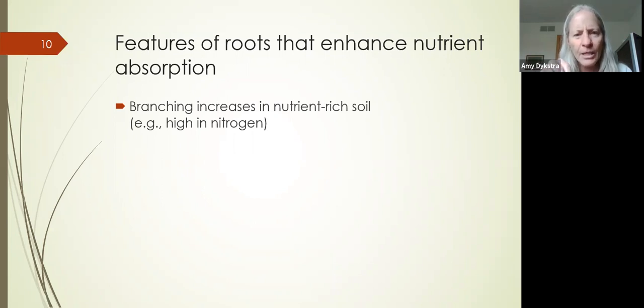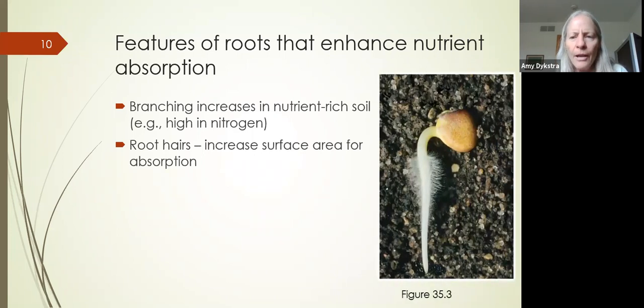But if it senses that there's a lot of nutrients in that area, especially if it's high in nitrogen, then it'll make a lot of branches in that area so that it can fully exploit that high resource area. So that's branching.